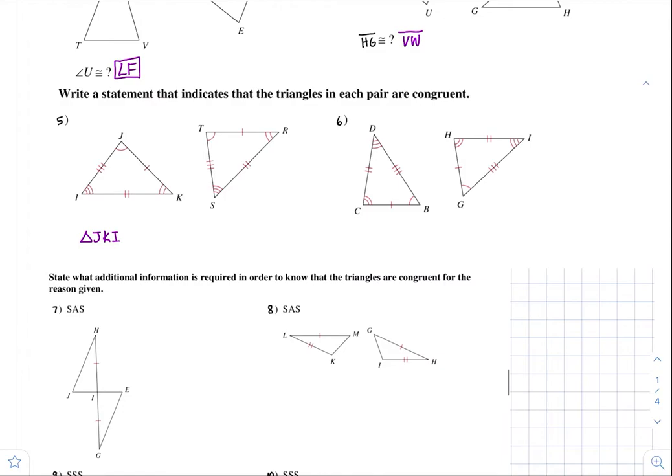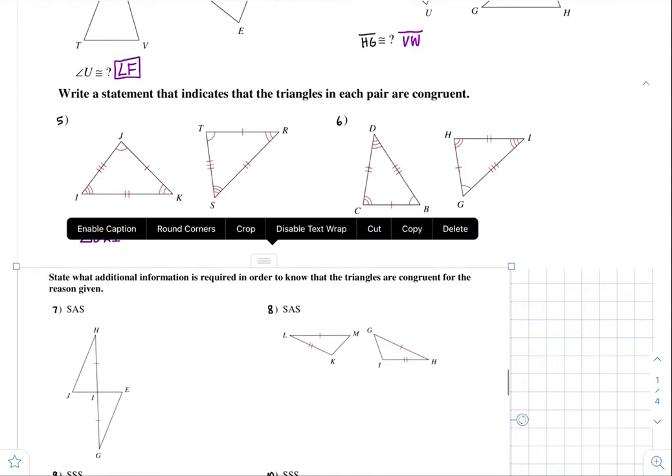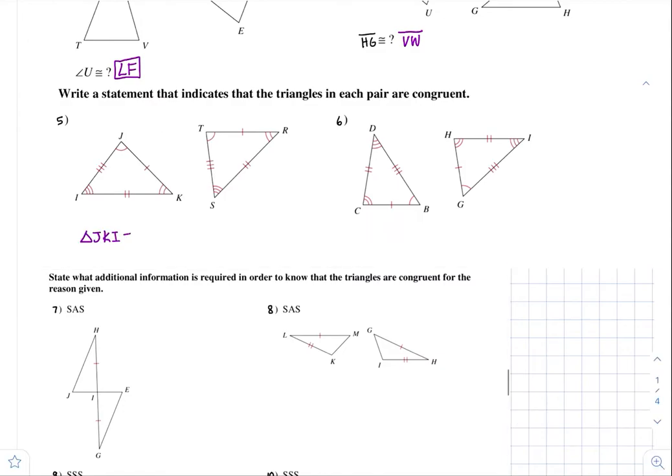Now there are many ways you can go about this. There's many options you could select, but I just happen to choose triangle JKI. So what is the exact same order but for the other triangle?